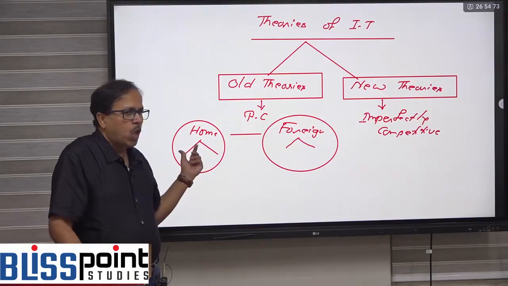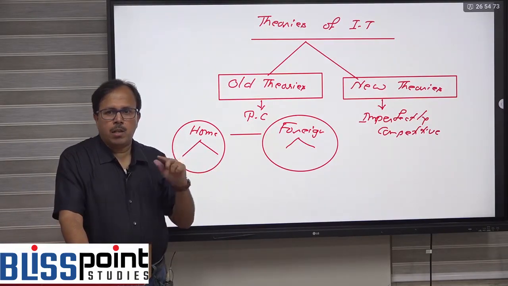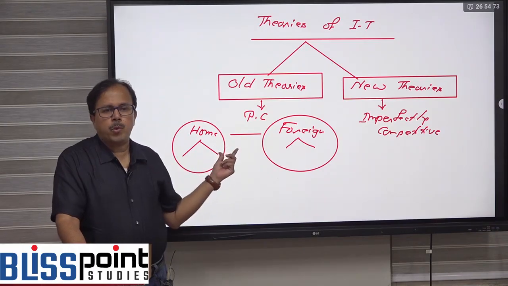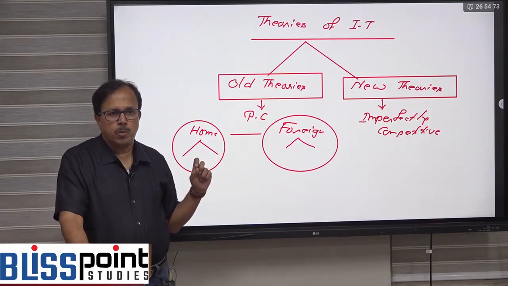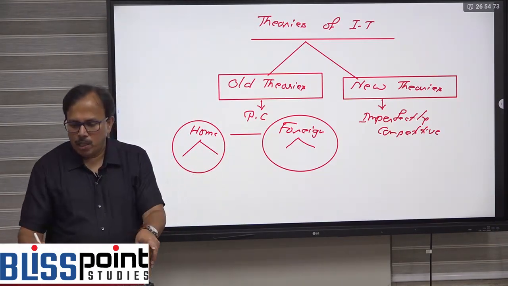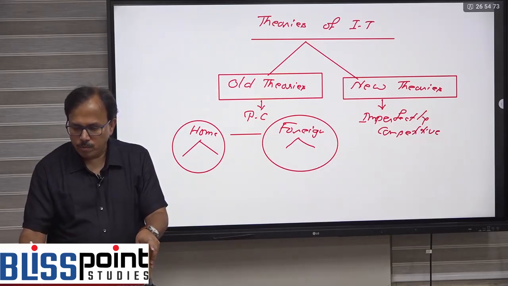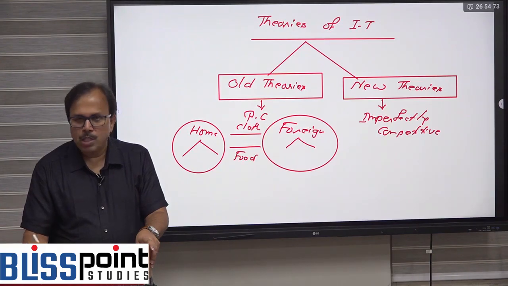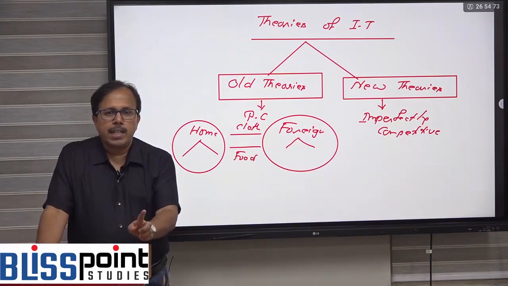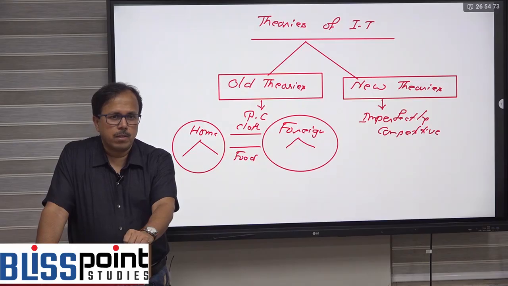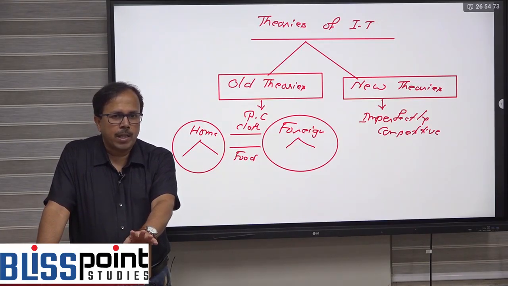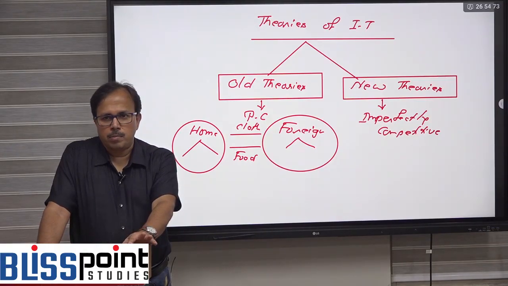All cloth producers are producing identical cloth. All food producers also produce identical food. So if home country is exporting cloth, in exchange home country will be importing food. This type of trade is called inter-industry trade. Old theory explains only what? Inter-industry trade. One country will export one commodity and it will import the other commodity.